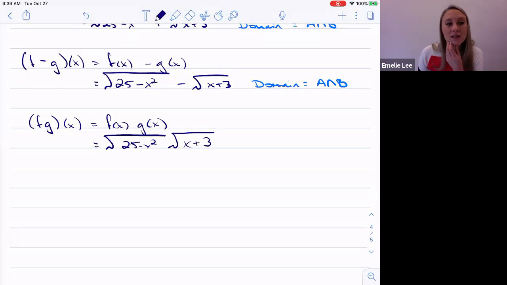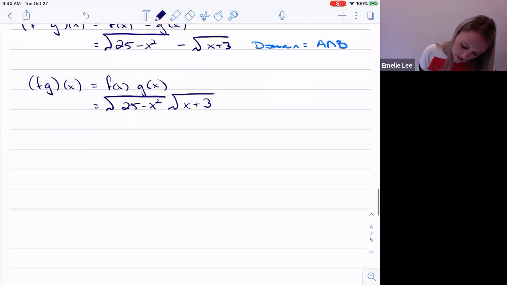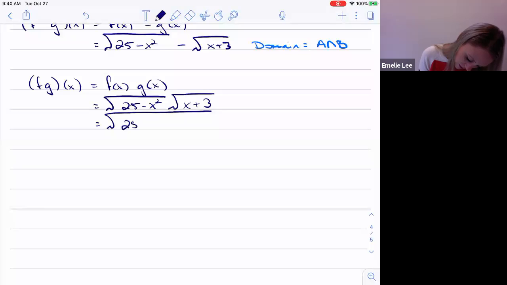Because I've got the square root times a square root, what I can do, clean this up a little bit, is I can combine these, right? Because I can write this as 25 minus x squared to the power of 1/2 times x plus 3 to the power of 1/2. If I have the same power, I can combine them inside that same power. And so what this becomes is I get the square root of 25 minus x squared times x plus 3.